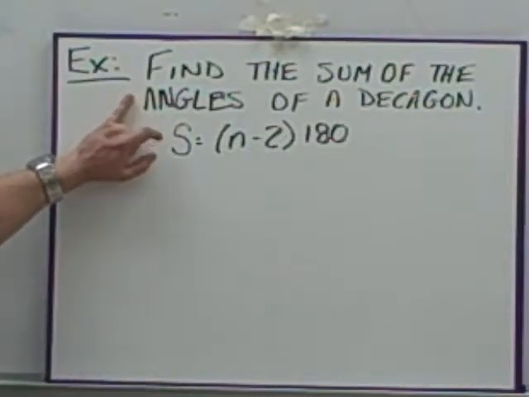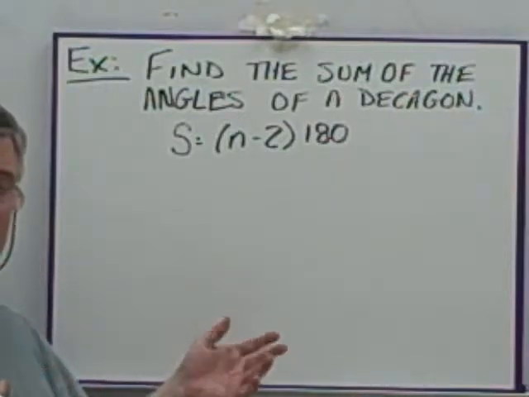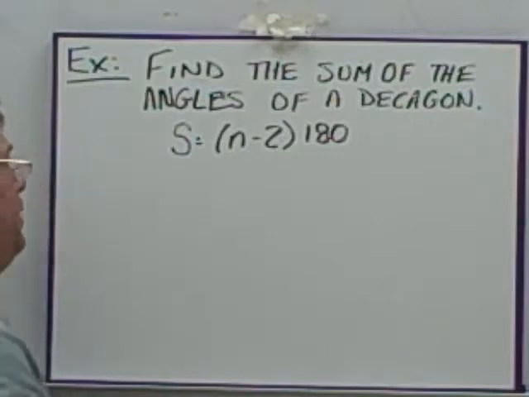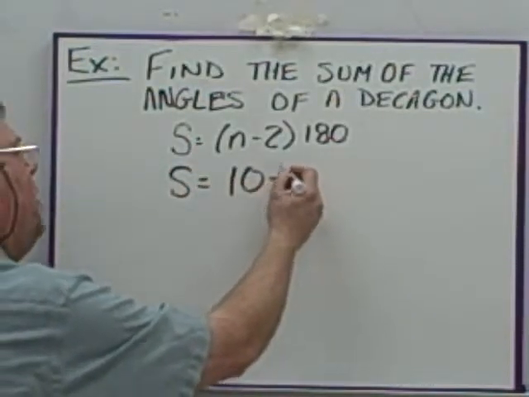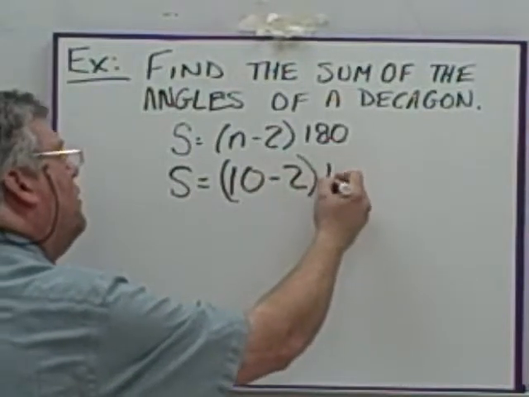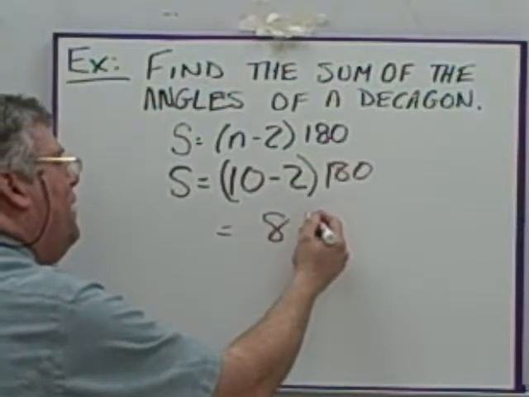Find the sum of the angles of a decagon. Well, here, let's try and find the sum of the angles of this decagon. A decagon, we looked at earlier, is a 10-sided figure. So the sum is going to be equal to (10 minus 2) times 180. 10 minus 2 is 8.